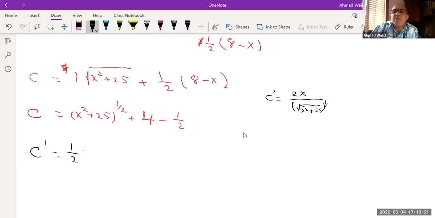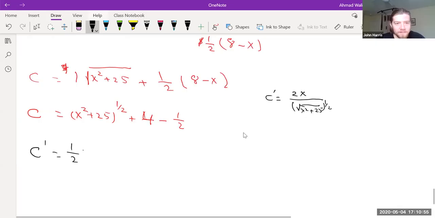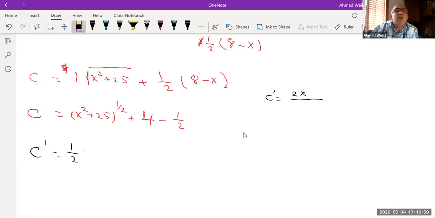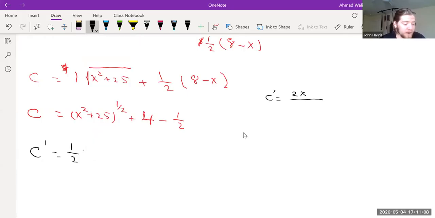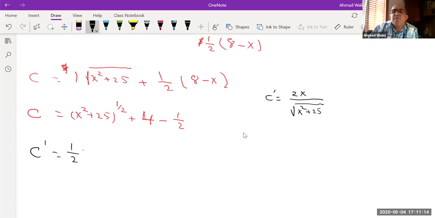No, just the square root. Can you read it again? Yeah, 2x over the square root of x squared plus 25. Stop. Full stop, that's it.